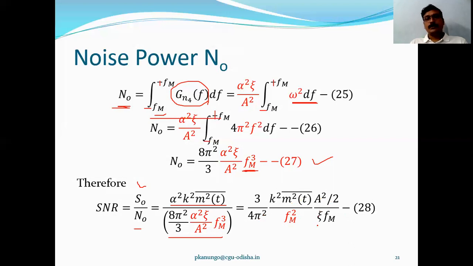We have knowingly written zeta fm here because we want to mention the input power term. If you look at the initial case, the signal power SI, A square by 2, is the input power, and zeta fm is known as the input noise power. This is the input signal power and input noise power. As in noise in AM, we have discussed A square by 2 and zeta fm, and used these terms as signal power and noise power.